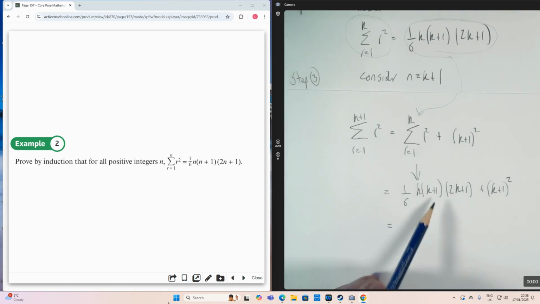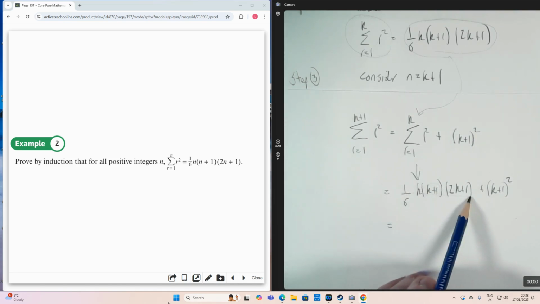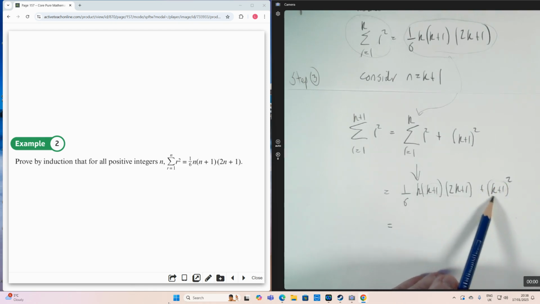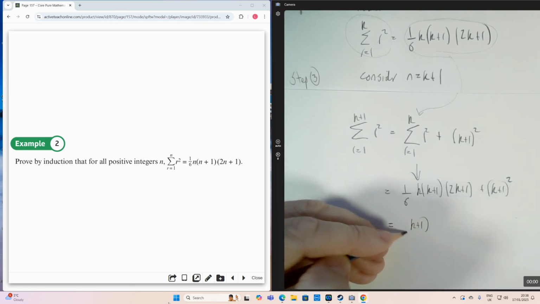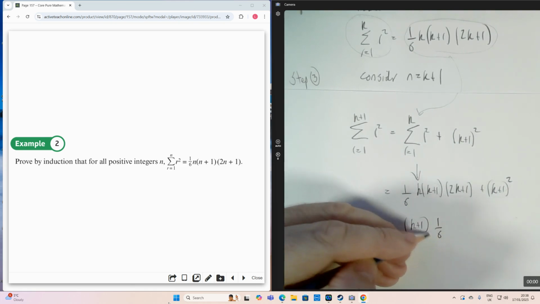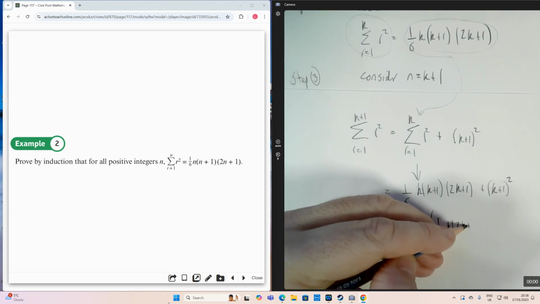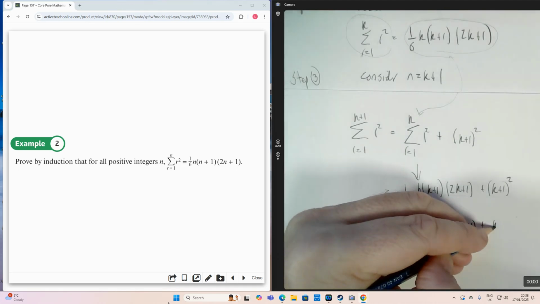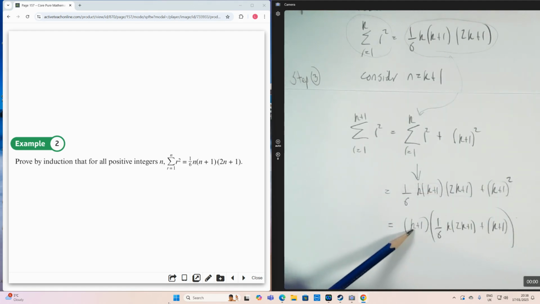And I hope you can see that we could take out a factor of k add 1 from this first term and k add 1 from that second term. So let's do that first. So k add 1 times (1/6 k times (2k add 1) plus k add 1). Okay, so I've factorized out a factor of k add 1.